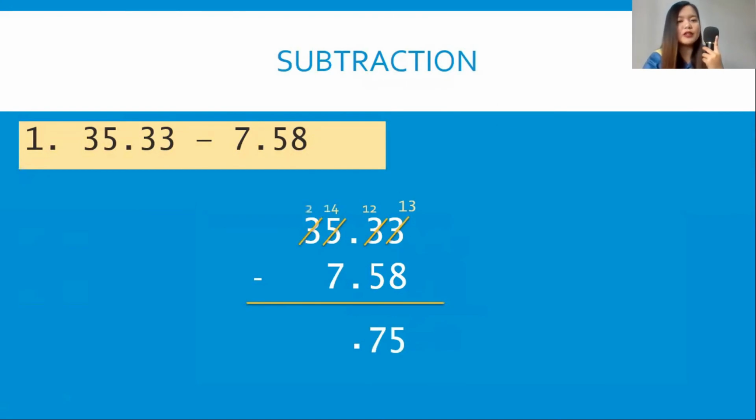Cannot be again, so let's borrow another 10 from the other place value, so you have 14. 14 minus 7 is 7, and then bring down 2, that's 27.75.